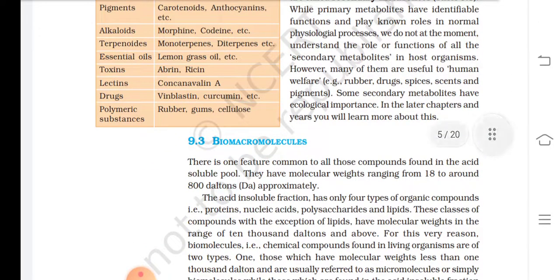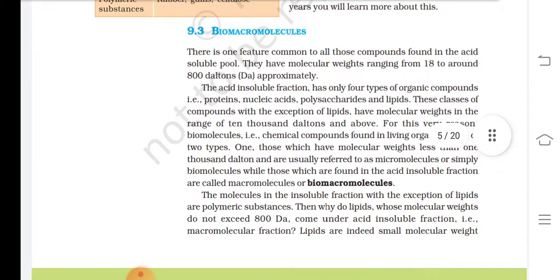9.3 Biomacromolecules. There is one feature common to all those compounds found in the acid soluble pool. They have molecular weights ranging from 18 to around 800 daltons approximately. The acid insoluble fraction has only four types of organic compounds, that is protein, nucleic acid, polysaccharides and lipids. These classes of compounds, with the exception of lipids, have molecular weights in the range of 10,000 daltons and above.